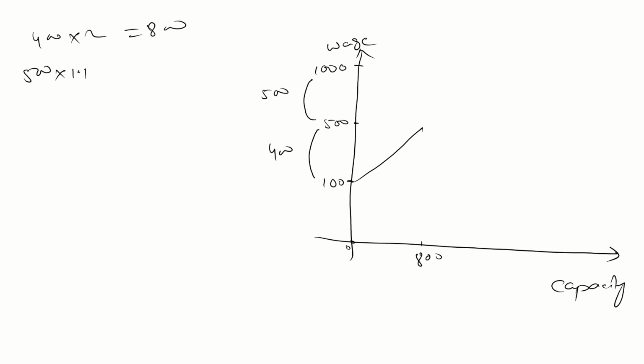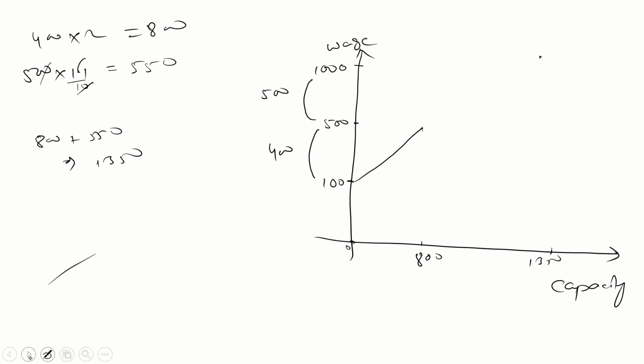Just multiply it and you will get 550. But 800 plus 550, you will get 1350. So somewhere here 1350, and 1000 here.